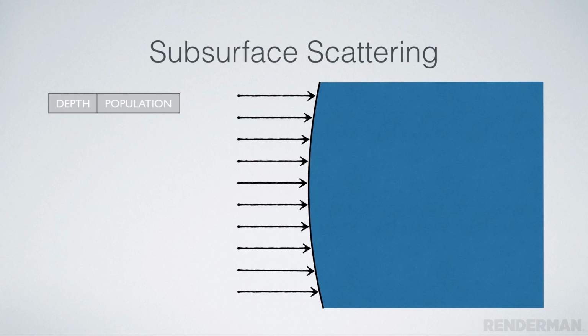Less than half of the original paths we might expect to enter a subsurface volume. So before we even start evaluating subsurface, we've already reduced the batch size from something that is ideal to something that is substantially less than ideal.